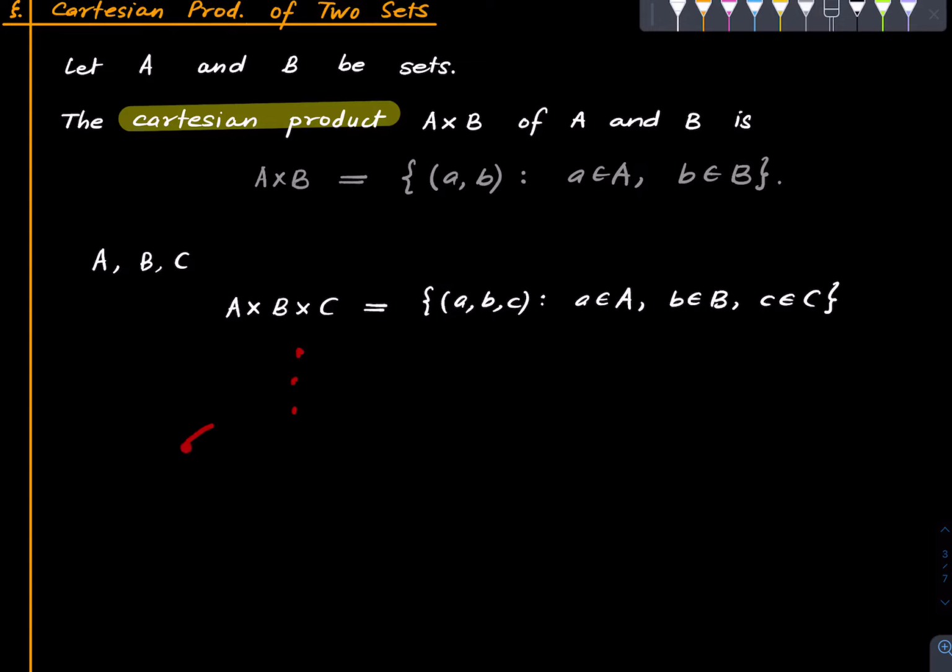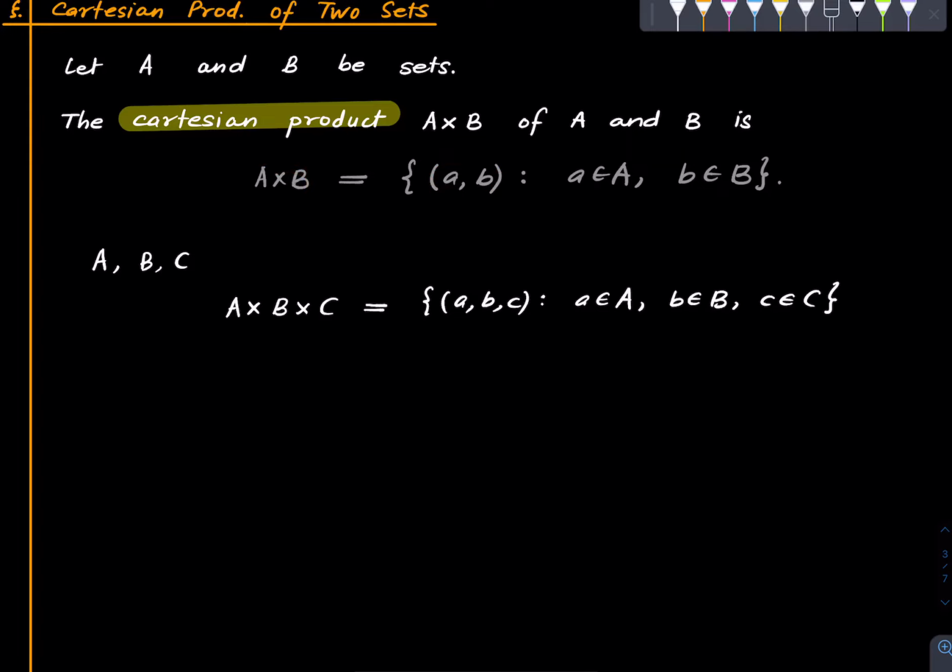So you can form the Cartesian product of any given number of sets. And the order matters. So A cross B is not the same as B cross A, simply because, in general, it's not equal to B cross A. Simply because when we write an ordered pair, the order matters. This is not a set of two things. This is a pair, so it matters what comes first and what comes second. So one cannot just flip the ordering here.